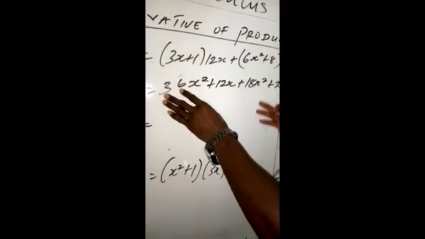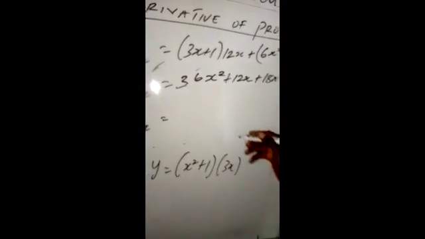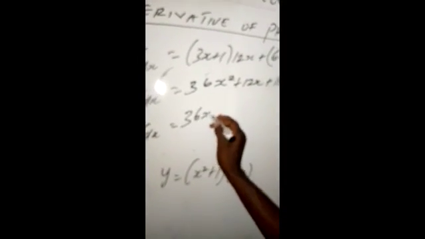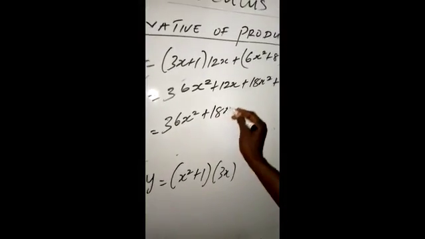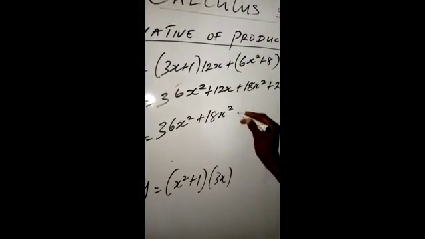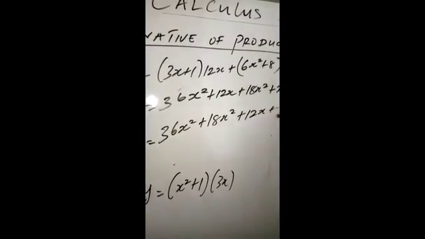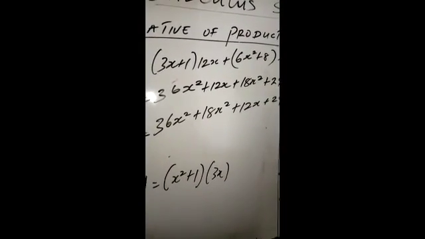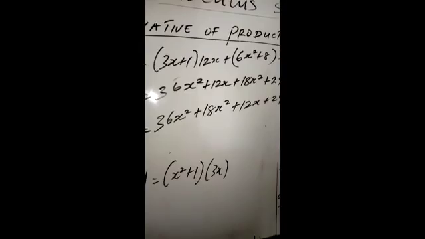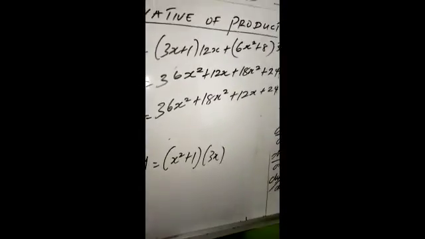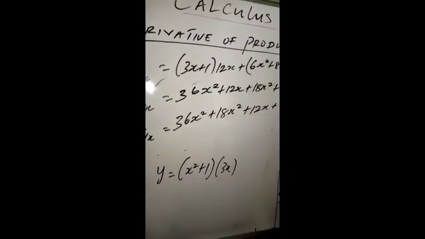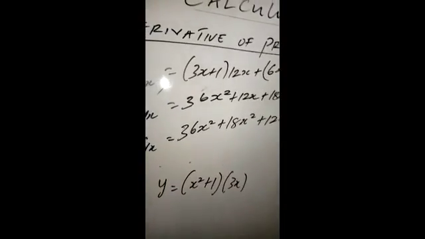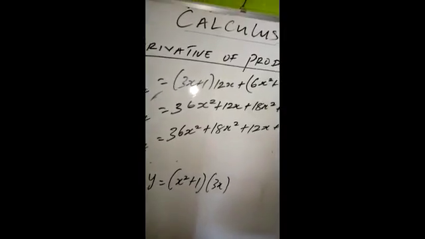When I collect this one now, I have 36s squared plus 18s squared, then plus 12s plus 24. So this point now is my like terms. Remember, this is a continuation of this point.